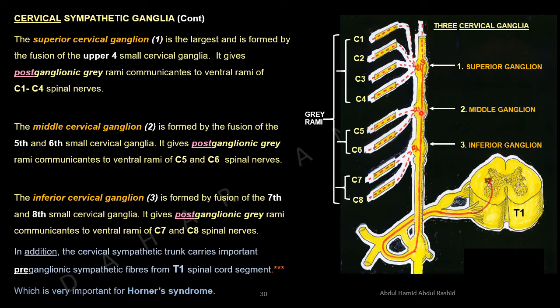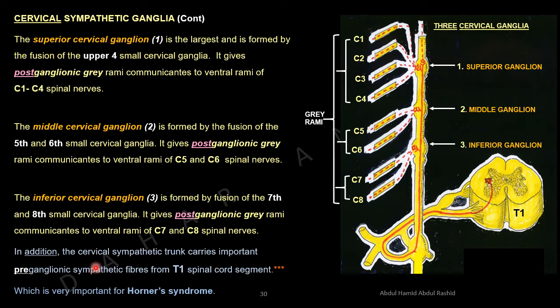Here it synapses with the postganglionic neurons and the postganglionic fibers enter the 5th and 6th cervical spinal nerves. Here in the inferior ganglion, they synapse with the postganglionic neurons. This postganglionic fiber, gray rami fibers, will enter the C7 and C8 spinal nerves.